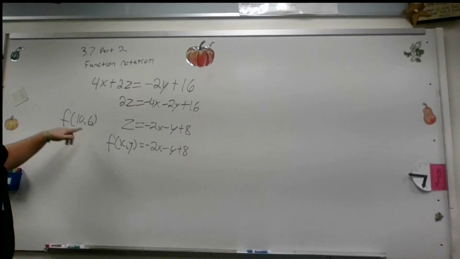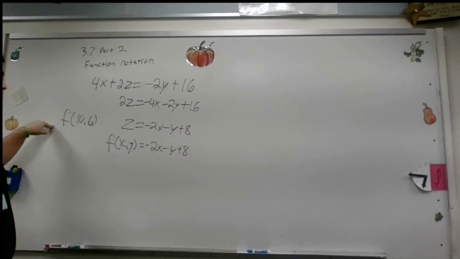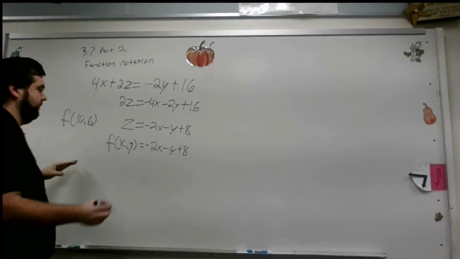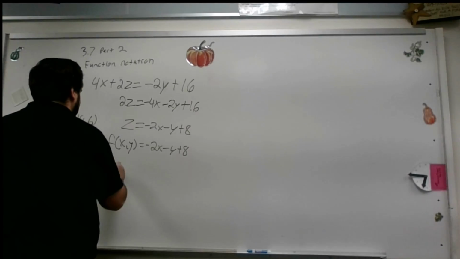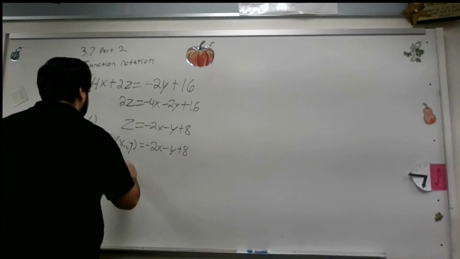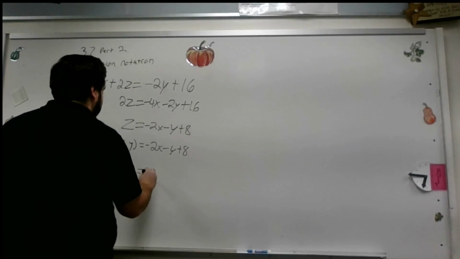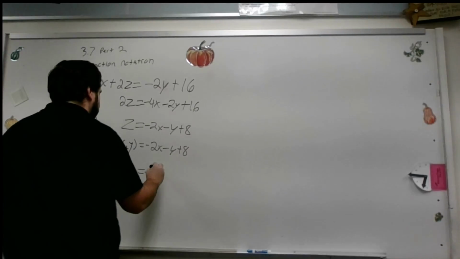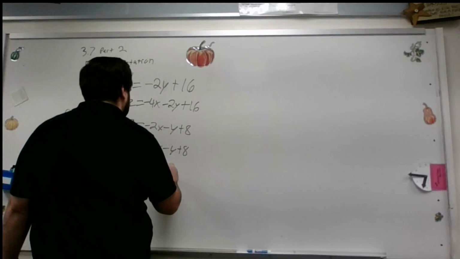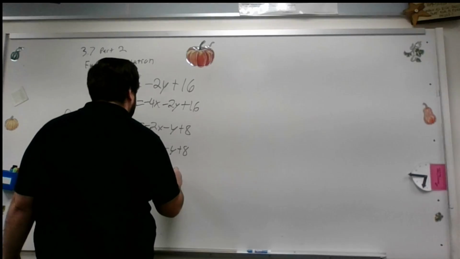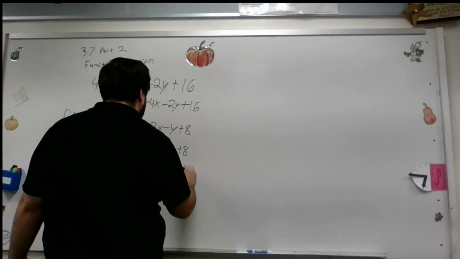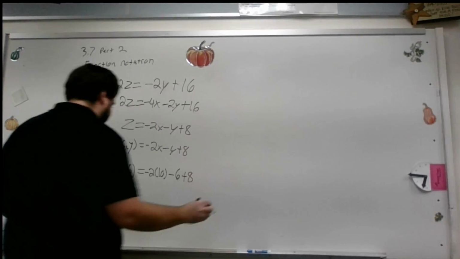And all this is saying is for this one input, I'm going to get one output, right? We're going to prove it right now. f of 10 comma 6 is equal to negative 2 times 10 minus 6 plus 8.